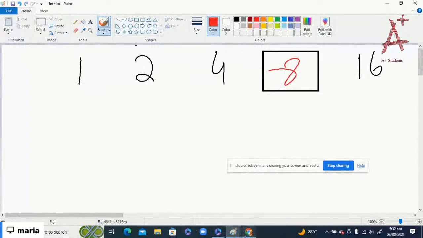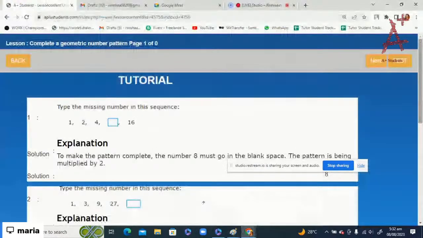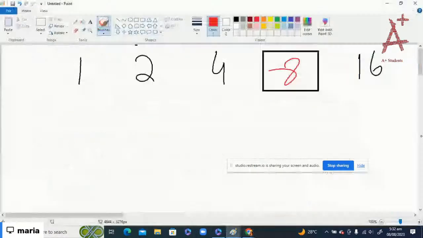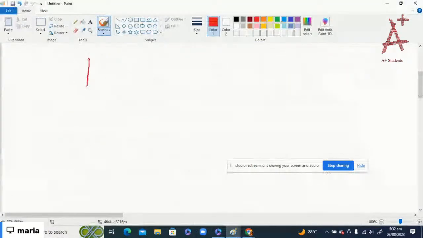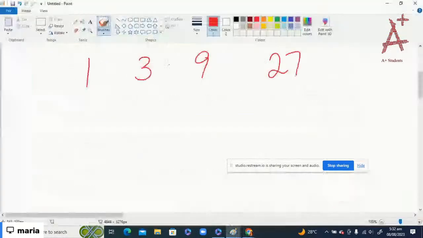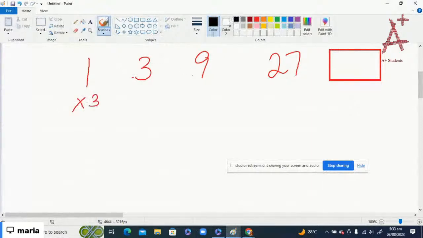Let's do the next. Look here: 1, 3, 9, 27, and here is the missing part. 3 times 1 is 3. 3 times 3 is 9, 9 times 3 is 27.